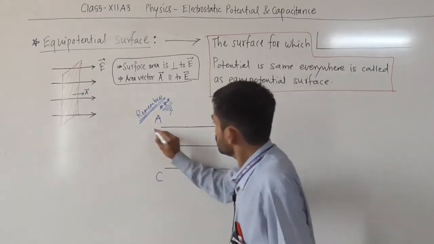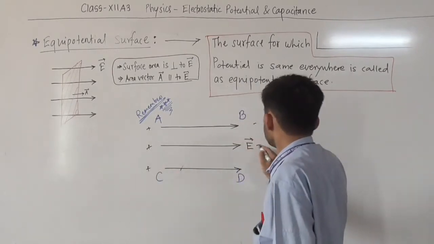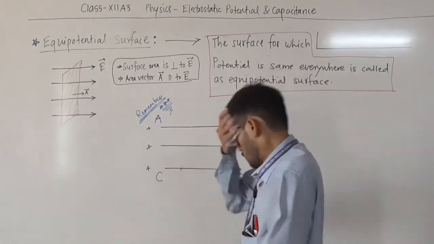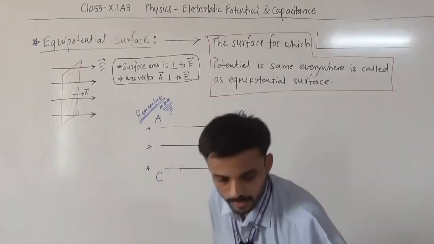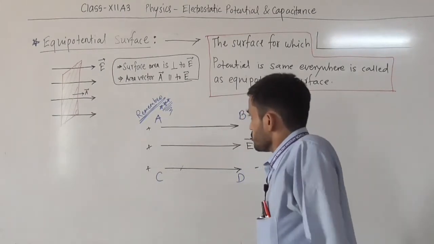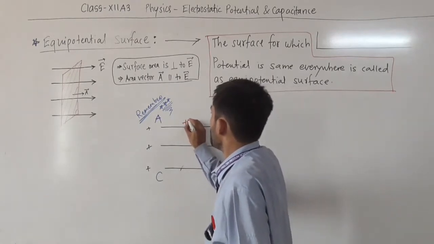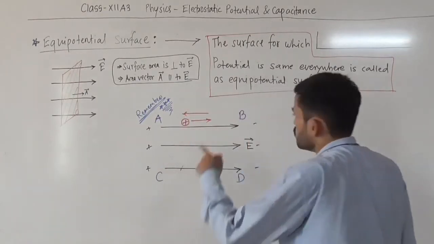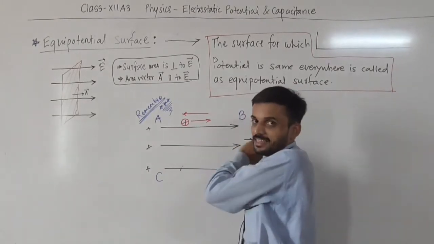If we are having this electric field, of course I can consider plus charge here and minus charge here. Once I try to go from A to B, suppose I take a plus charge and move that charge from A to B. Positive charge will repel this charge, negative charge will attract this charge.